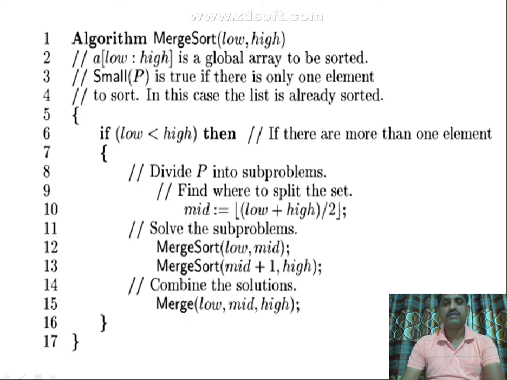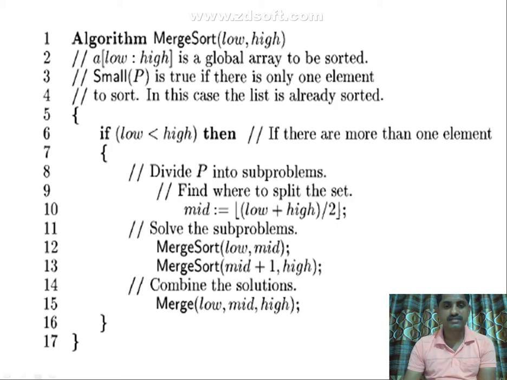Divide p into subproblems and find where to split the set, that is mid equal to low plus high by 2. How do we divide? Low to mid is one of the parts and mid plus 1 to high is the second part.